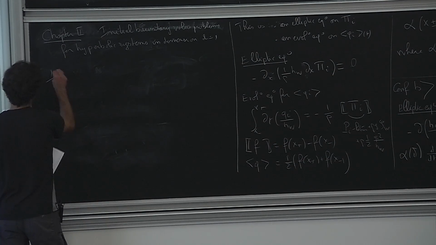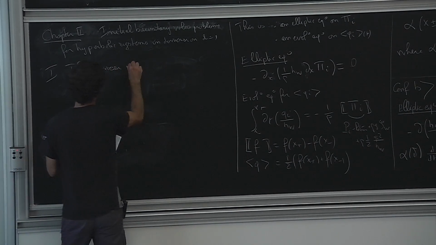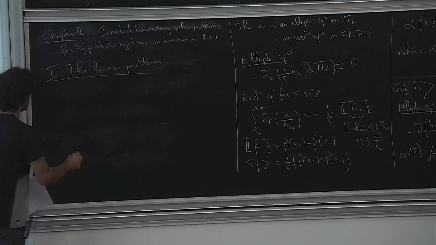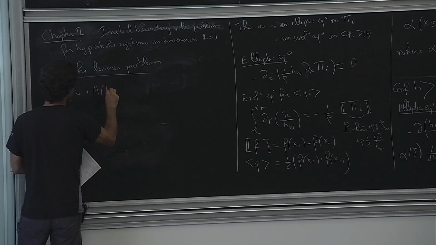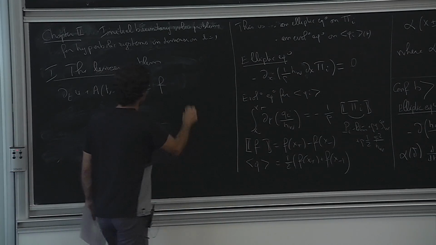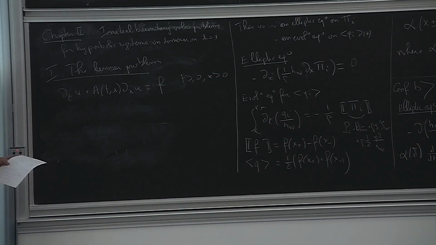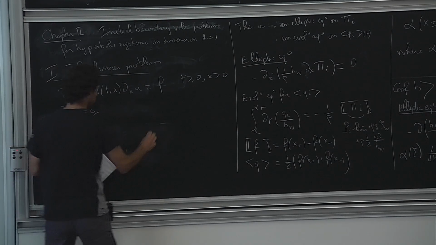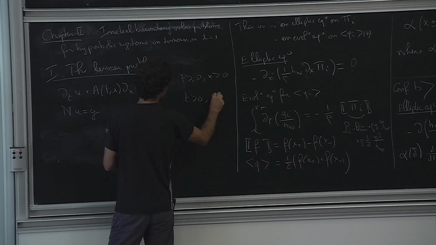So the linear problem, I will consider dtu plus a of tx dxu is equal to f for t positive and x positive. I will consider a boundary condition n of u is equal to g, for t positive and x equal to 0.